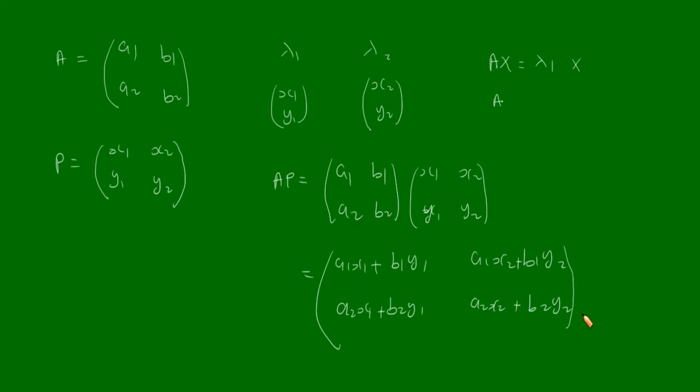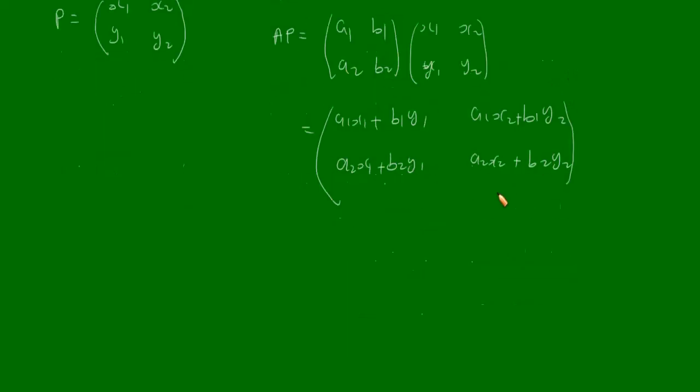Okay, now let us consider our eigenvalue equation. A operating on x gives us lambda times x. So corresponding to the first eigenvalue, we will have A, that is A1, A2, B1, B2, operating on the first eigenvector x1, y1, which gives us lambda 1 times x1, y1.